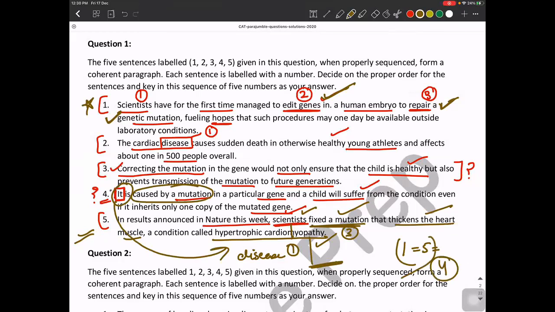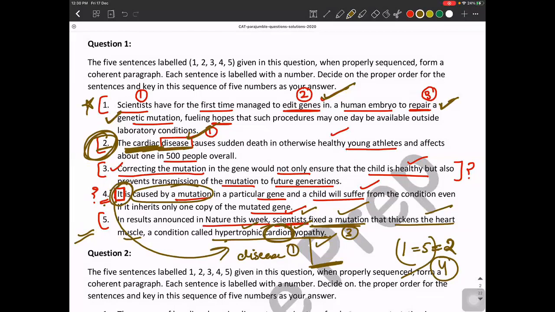But when we check about this thing, the cardiac disease, now you can see that hypertrophic cardio, here they are talking about myopathy. It thickens the heart muscle. This is a particular thing. So they are talking about this disease here in the second option. So first, fifth has a direct connection with the second one, because they are mentioning the disease, and in the fourth option, it refers to this part, the cardiac disease.